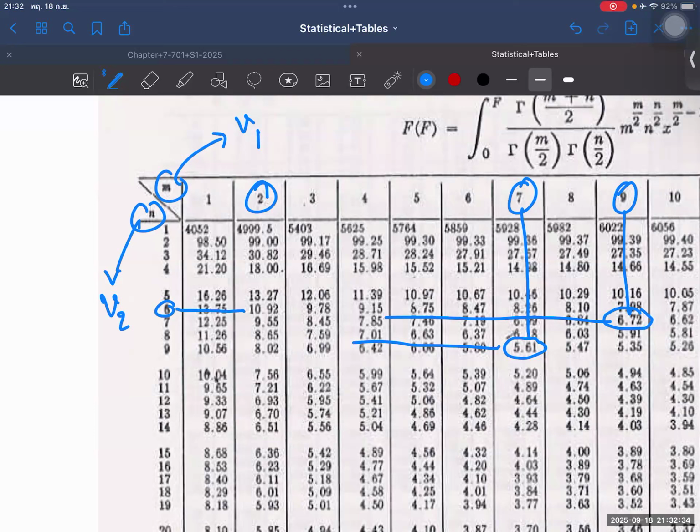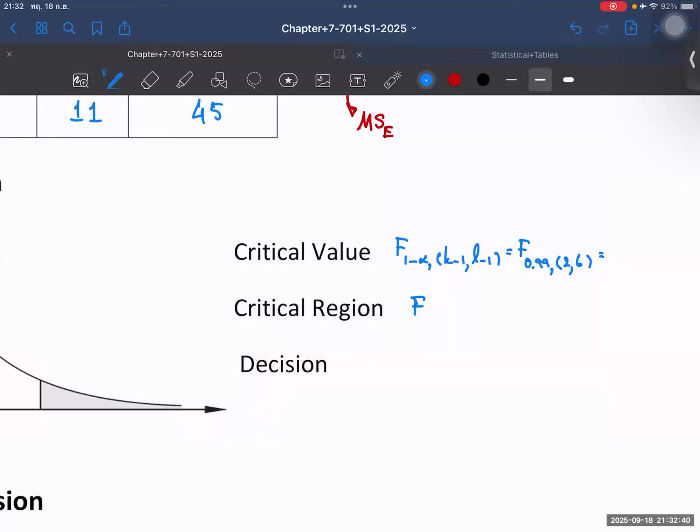Like this, it is 10.92. So we get 10.92. So if F critical region is greater than 10.92, we will reject.